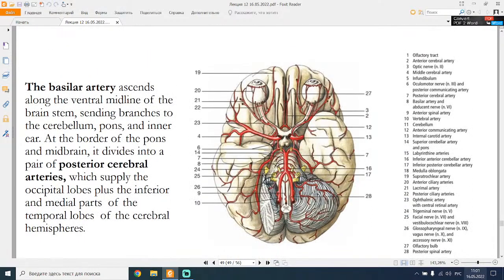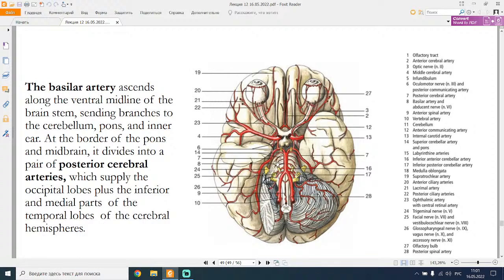Next, the basilar artery ascends along the ventral midline of the brain stem, sending branches to the cerebellum, pons, and inner ear.